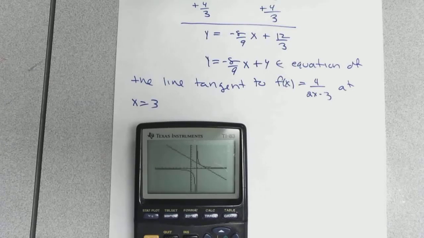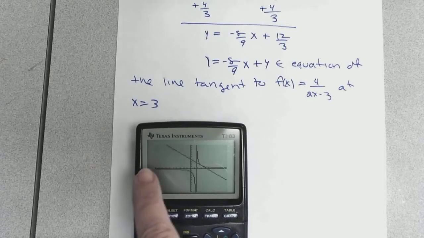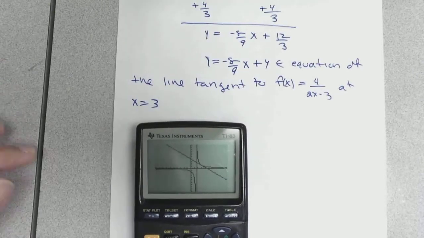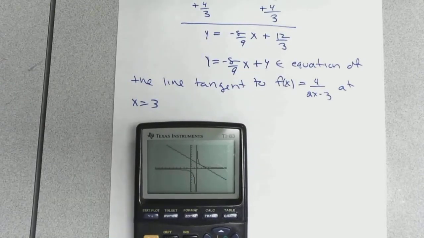And even on zoom 6, I'm feeling pretty good about it. So I have the curve, which is that hyperbola. And then I have a tangent line coming right in here, and it's hitting just at one point. And so even on this setting, I feel pretty good.